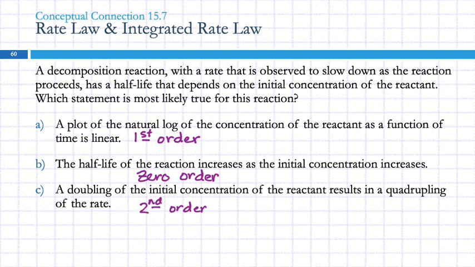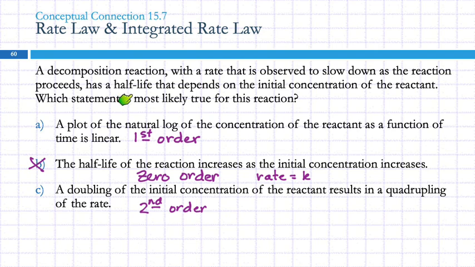Well, does a 0 order reaction slow down as it goes on? No, because the rate is just equal to the rate constant. It doesn't depend on the concentration. So it says the rate is slowing down. That tells us it's not 0 order.